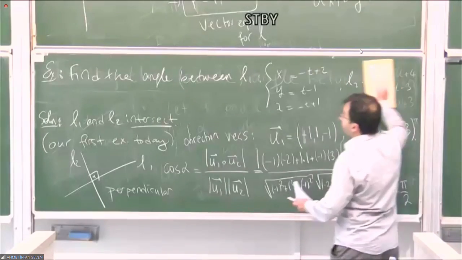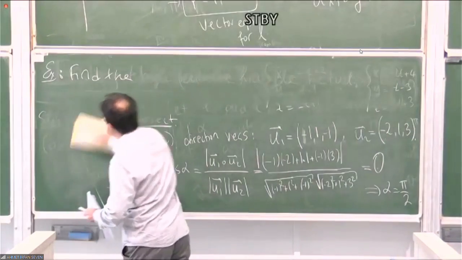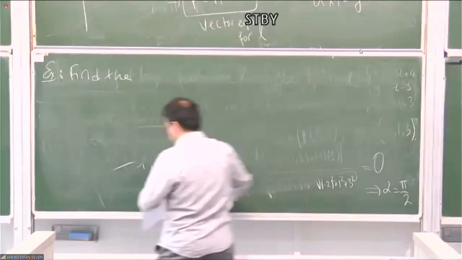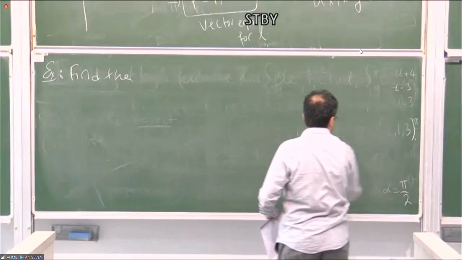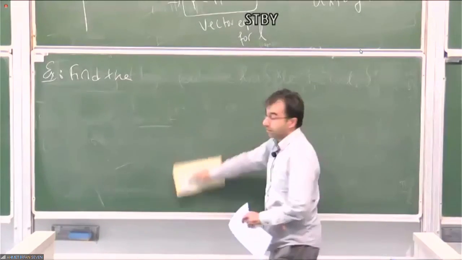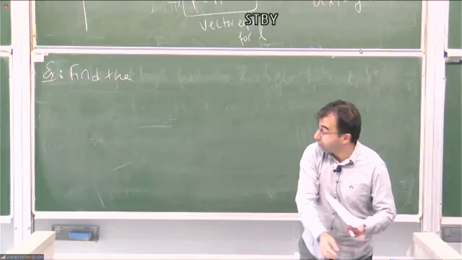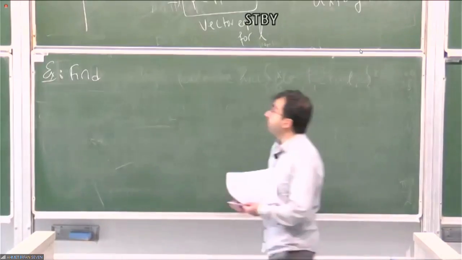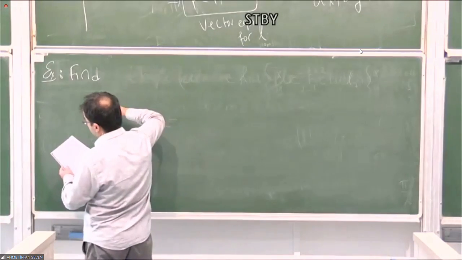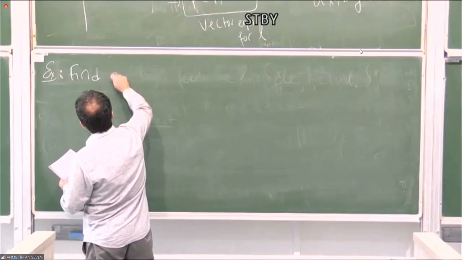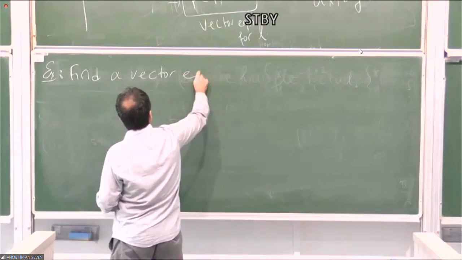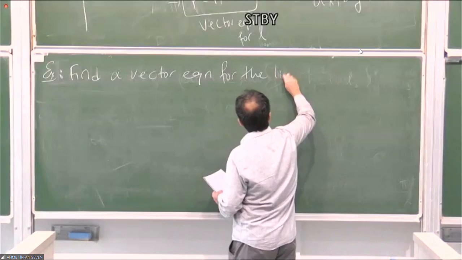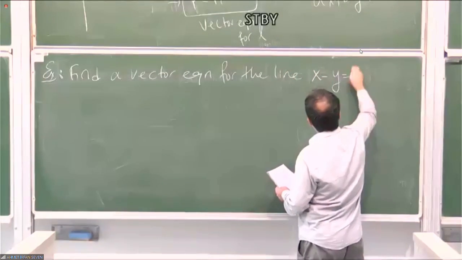Let's now take an example. Find a vector equation. Also, there is not only one vector equation. There are many, depending on your point P1 and direction vector, but they will all describe the same line. Find a vector equation for the line x minus y equals 1 in the plane.